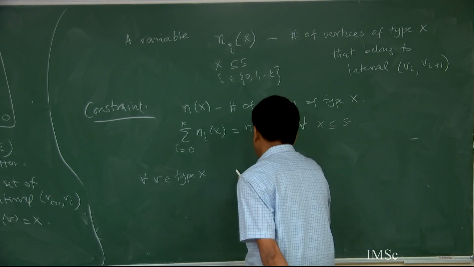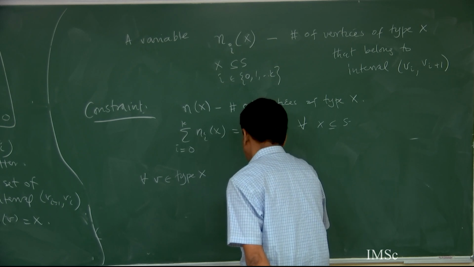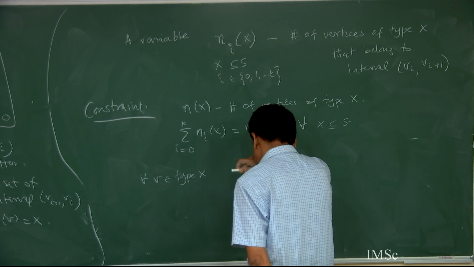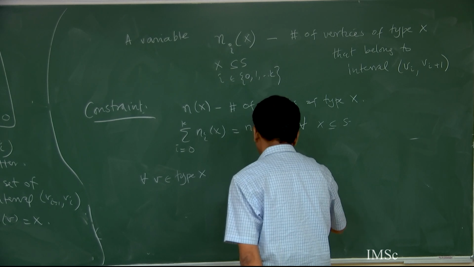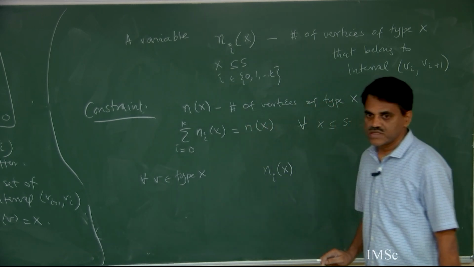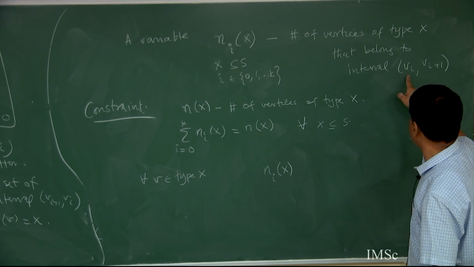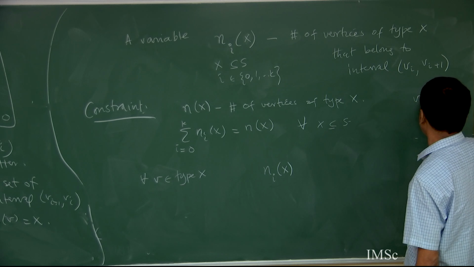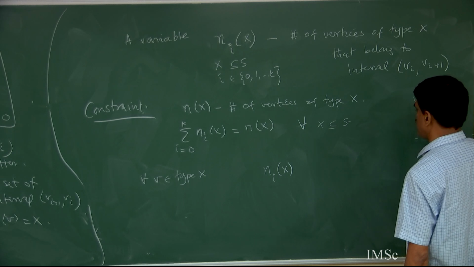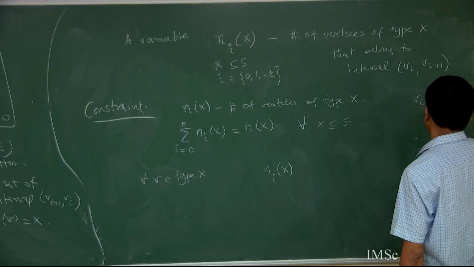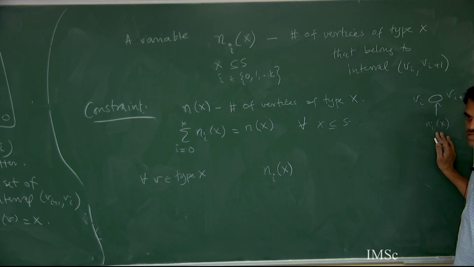Okay, so n_i(x): this many vertices go into the interval V_i to V_i plus 1. So here is V_i, here is V_i plus 1, and the number of vertices that go here is n_i(x). What is the imbalance caused by them? Well, x is their neighborhood.